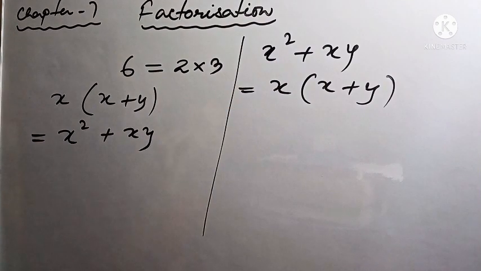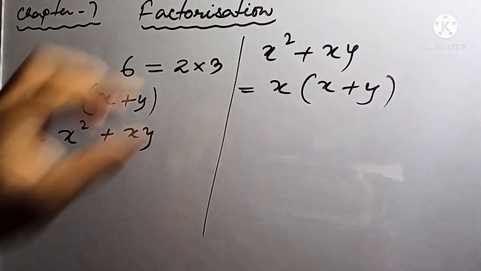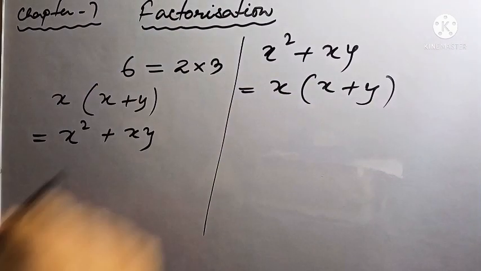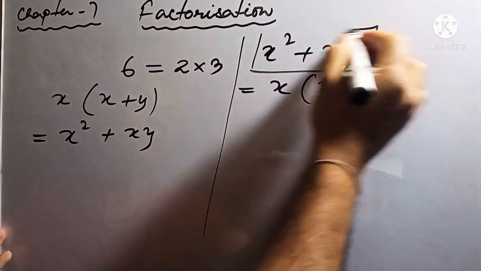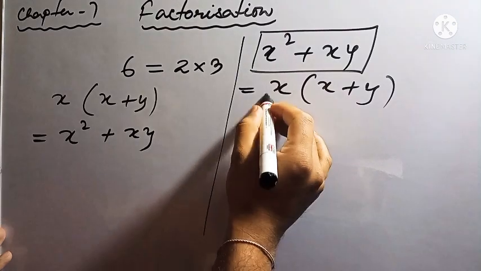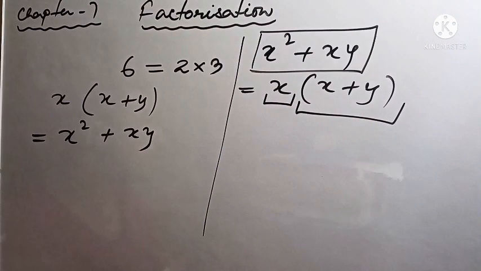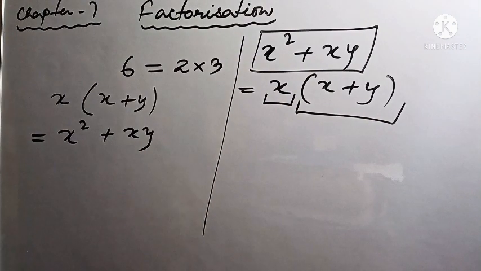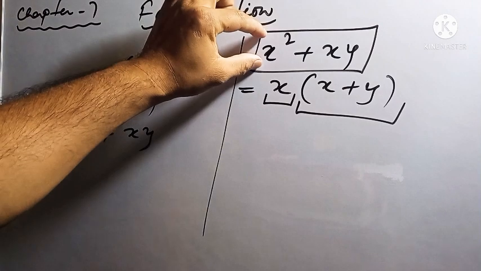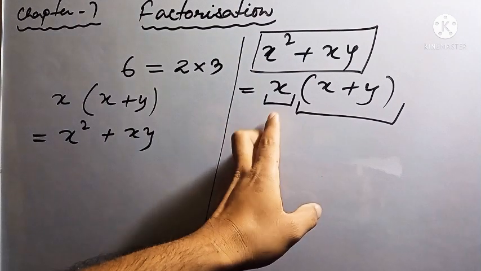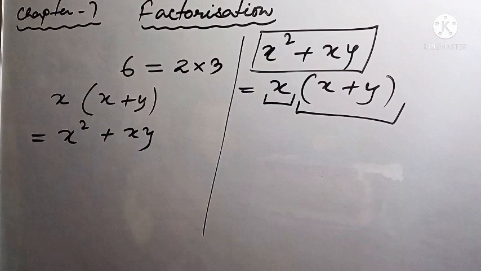This process of expressing a given expression as a product of two or more factors is what we call factorization. Here I express this expression as the product of two factors, x and x plus y. In the later part, we'll be learning about different types of factorization.